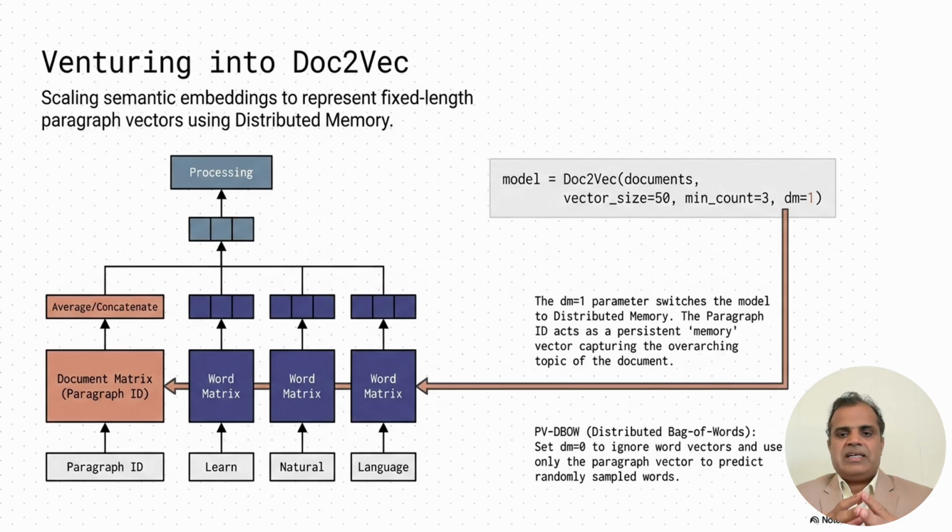In paragraph vector DBOW, distributed bag of words, the model ignores word vectors and usually uses only the paragraph vector to predict randomly sampled words from the document. This is particularly powerful for tasks like document clustering or ranking resumes against a job description, where the overarching theme is more important than individual word counts.